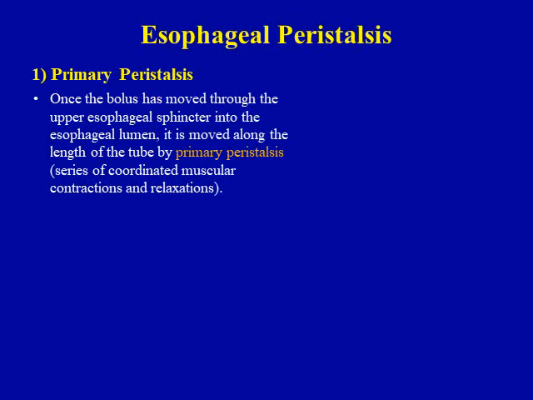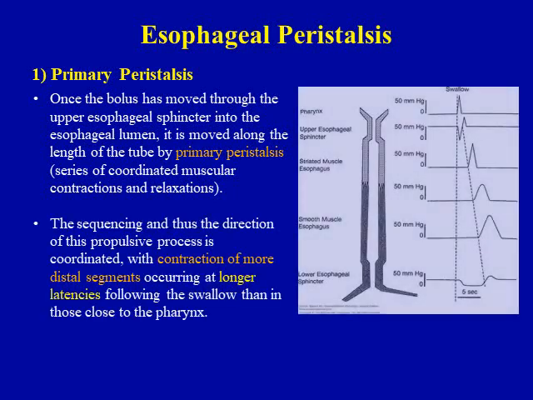Once the bolus has moved through the upper esophageal sphincter into the esophageal lumen, it is moved along the length of the tube by primary peristalsis. The primary peristalsis starts at the upper esophageal sphincter and ends by the relaxation of the lower esophageal sphincter to allow the food bolus to enter the stomach, and it is a series of coordinated muscular contractions and relaxations.